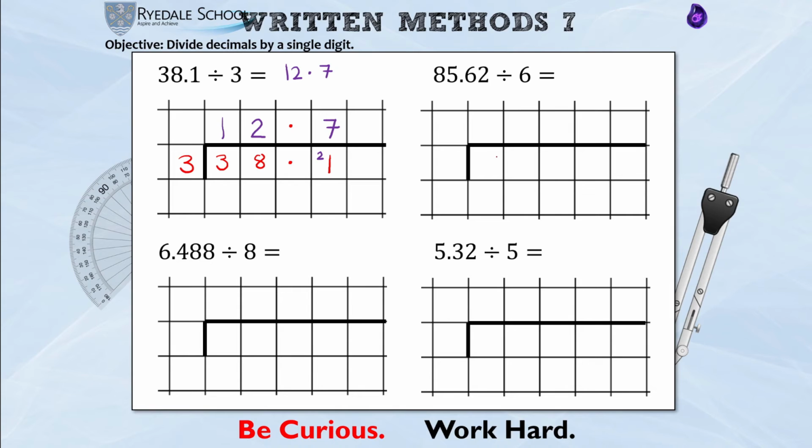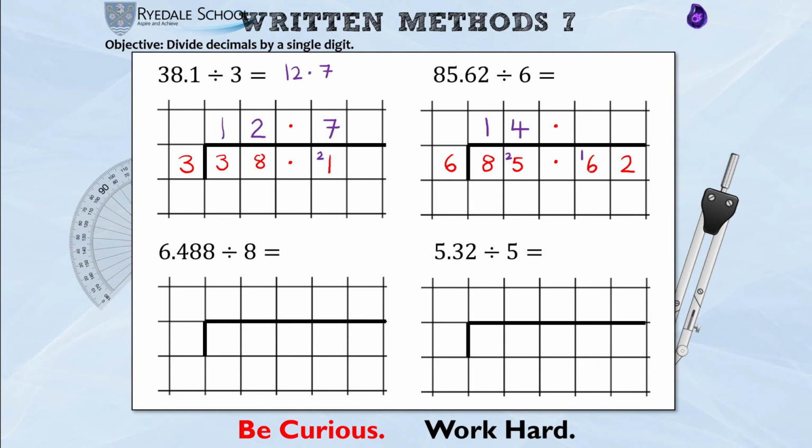My next one is 85.62 divided by 6. Again, don't forget to line up your decimal point on your answer line. So how many times does 6 go into 8? Well, that goes in once with 2 left over. How many times does 6 go into 25? Well, 6 times 4 is 24, so there must be 1 left over.